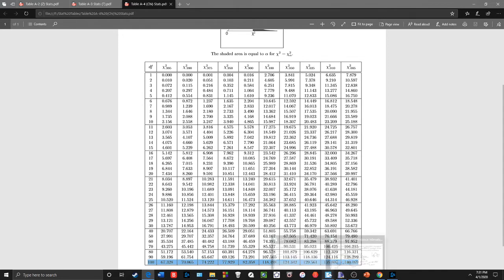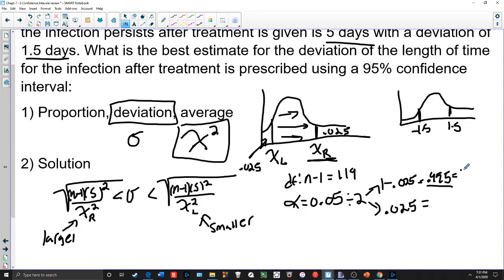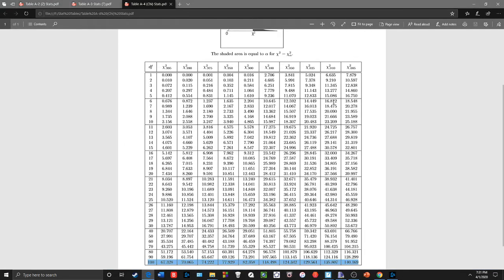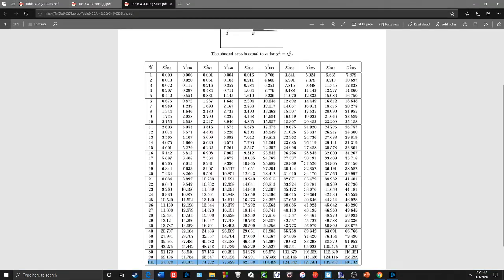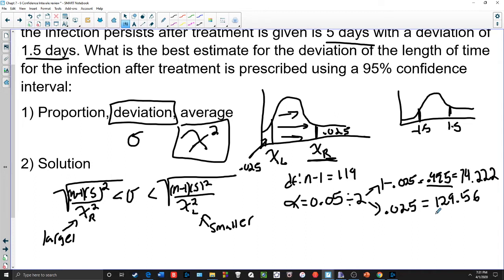Let me write that down here. 74.222. And then for the other one, it's 129.56. 129.56. Let me make sure I just double check that. Right. Okay. So those are my two critical values for my chi-squared.